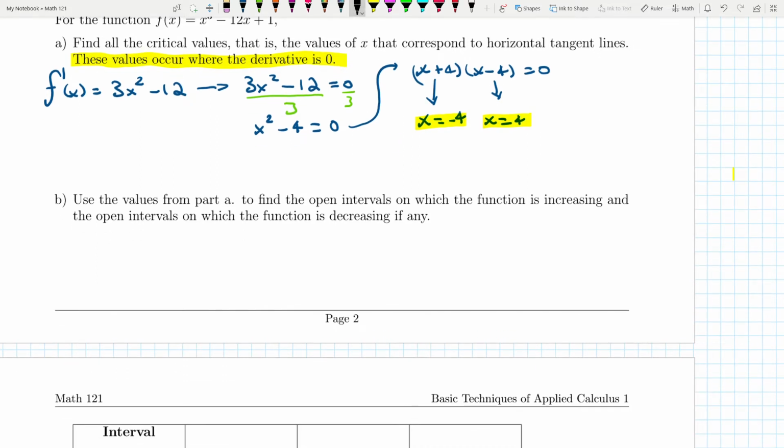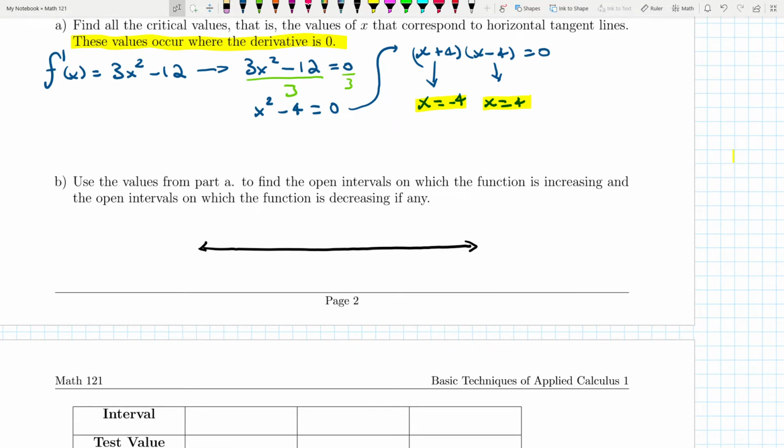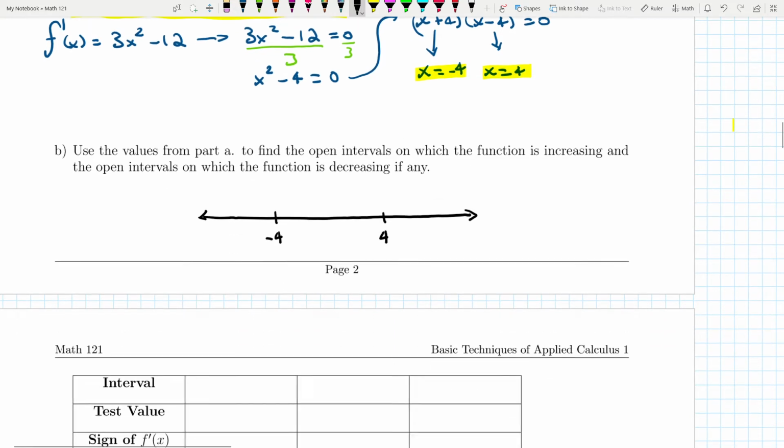I'm going to draw a number line, and we are going to slice and dice this number line where the critical numbers are, that is negative 4 and positive 4. This will generate 1, 2, and 3 subintervals to test.